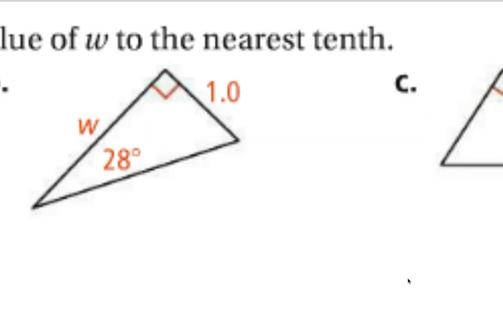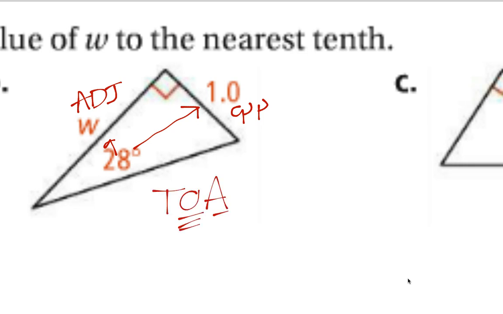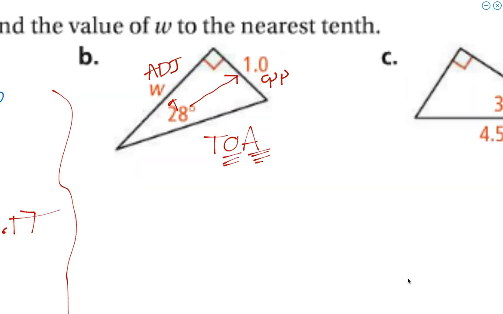Let's look over here. From 28 degrees, we have opposite, and we have adjacent. So that's going to be TOA, opposite, adjacent.